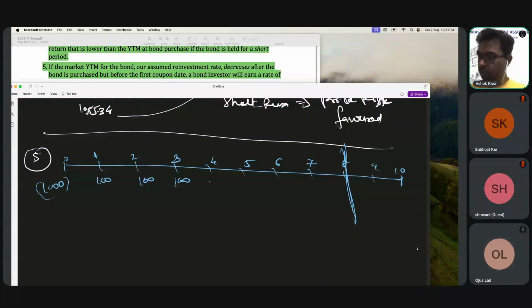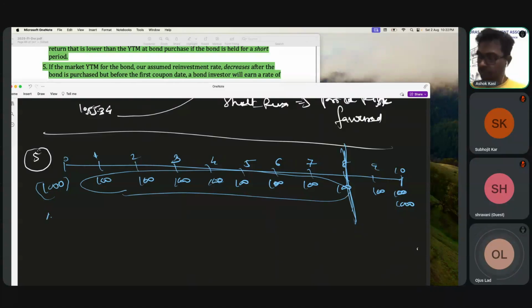100, 100, 100, 100, 100, 100, 100, 100, and 1000 at the end. This future value we will calculate.